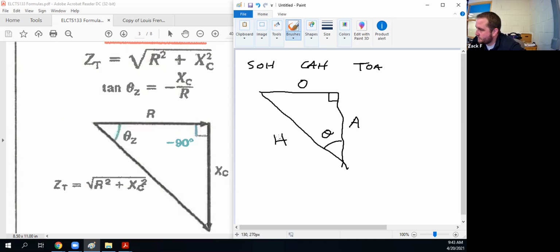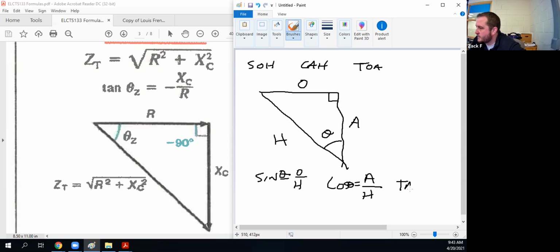So relative to this angle, you have a hypotenuse, an opposite, and an adjacent. The sine of that angle equals opposite over hypotenuse. The cosine of the angle equals adjacent over hypotenuse.